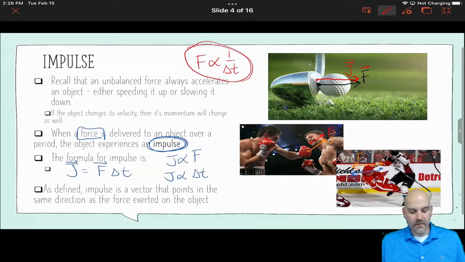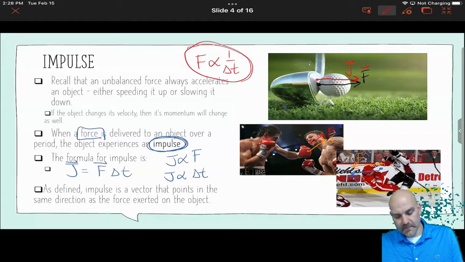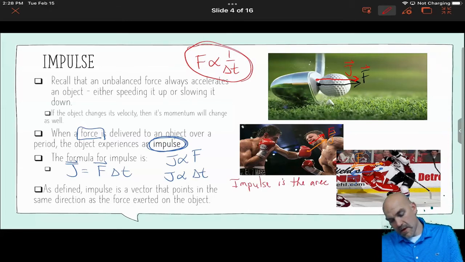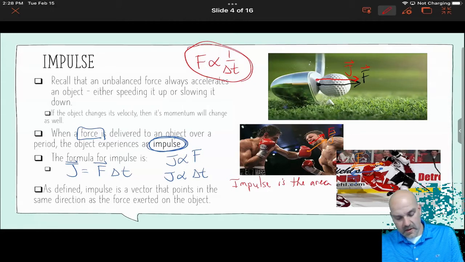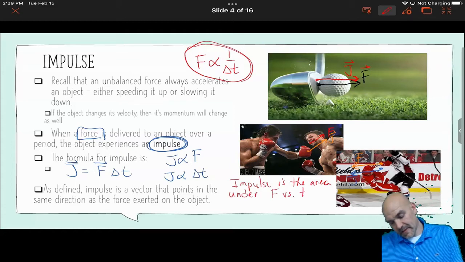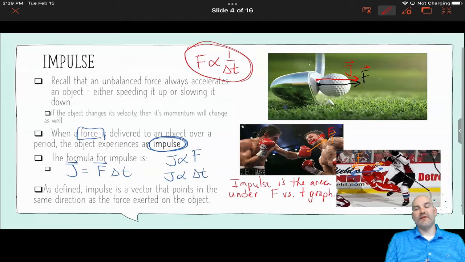Now, graph-wise, impulse is the area under a force versus time graph. When we get to the impulse momentum theorem, you're going to see a force versus time graph. In fact, I think it's an acceleration versus time graph, but we can turn it into a force versus time graph.